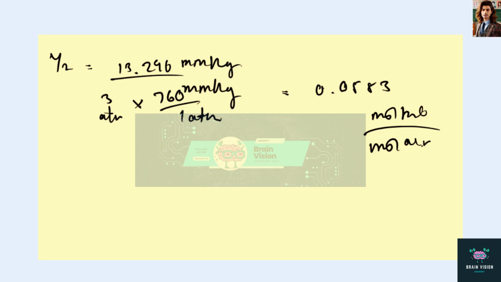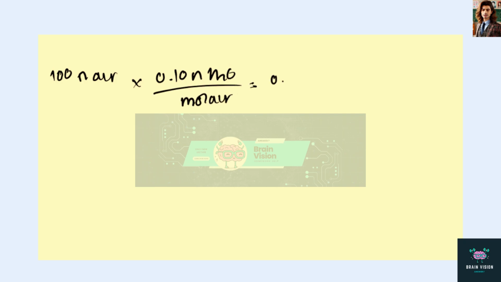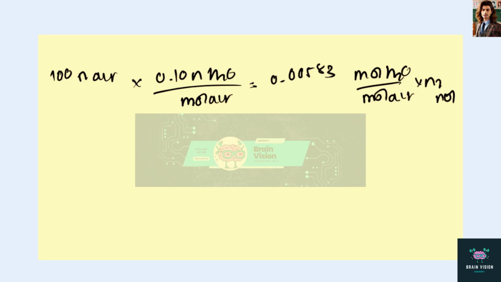around the condenser compressor. On a new page we have 100 moles of air multiplied by 0.10 mole of H2O divided by mole of air is equal to 0.00583 mole H2O divided by the moles of air multiplied by N2 moles of air.